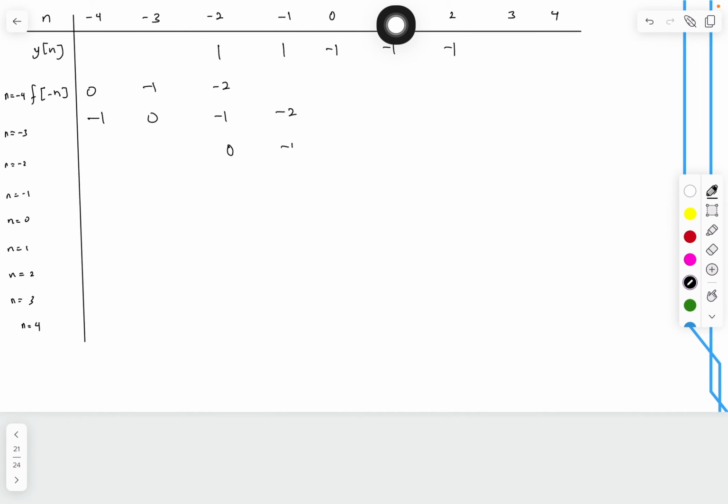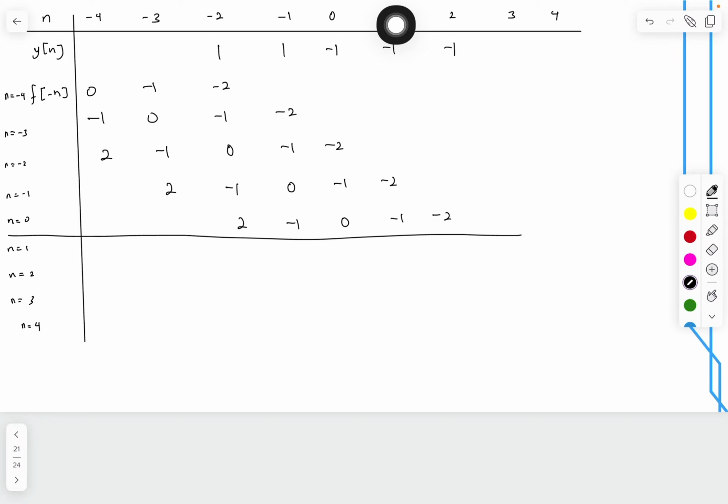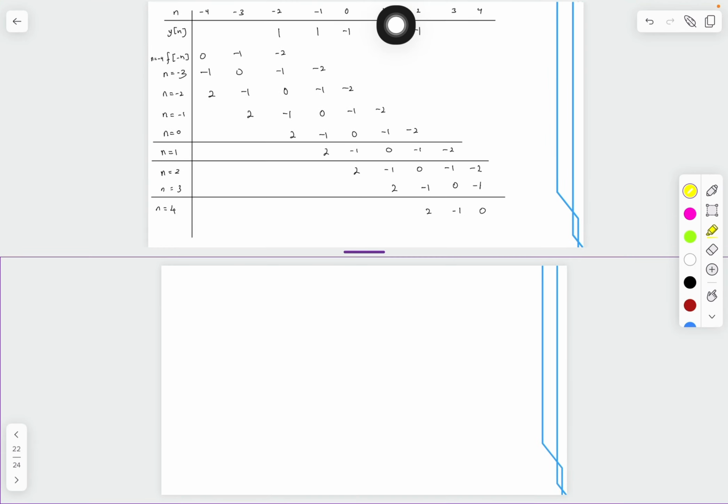So 0, minus 1, minus 2, minus 1, and the amplitude here is 2. And then we just continue shifting to the right. Minus 1, positive 2, 2, negative 1, 0, negative 1, negative 2. Do not get confused by the rows. I will do the rest. I will pause the video and continue.